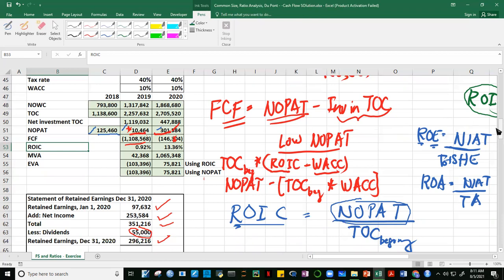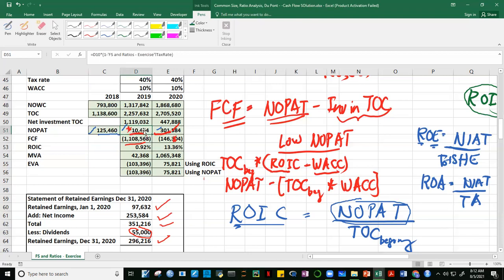The investors could have placed the money elsewhere, okay, and earn profit and earn returns for their investment. Ganon din dito guys sa company na to. Although nag-generate tayo ng NOPAT, for example, in 2019, nakapag-generate tayo ng NOPAT na 10,464. Pero, ang tanong, anong capital ba ang binigay, ang pinagamit?